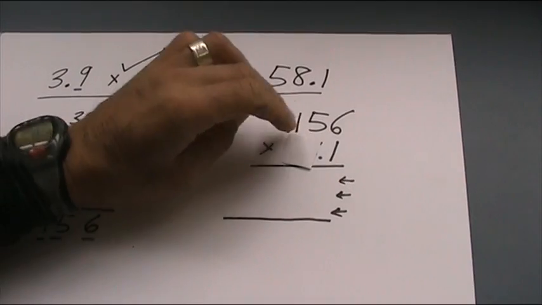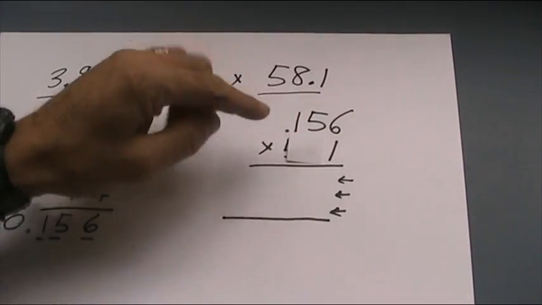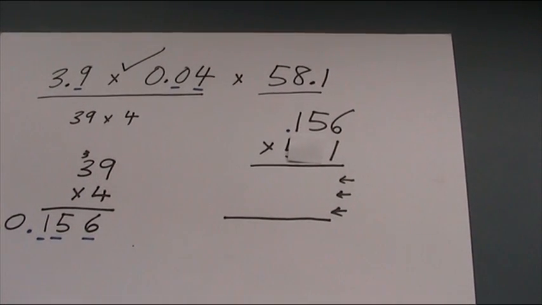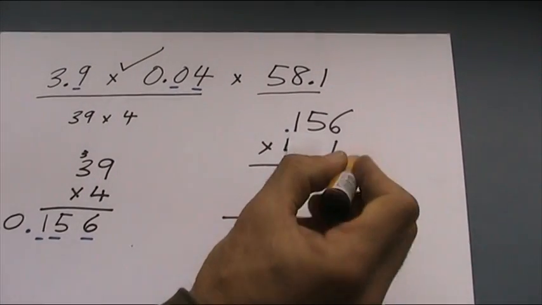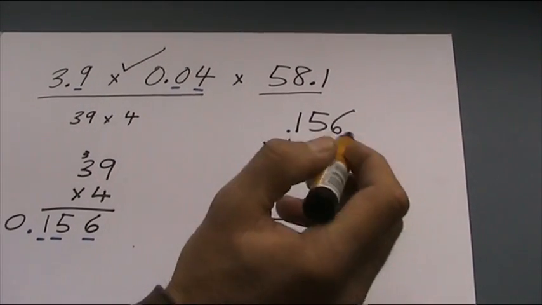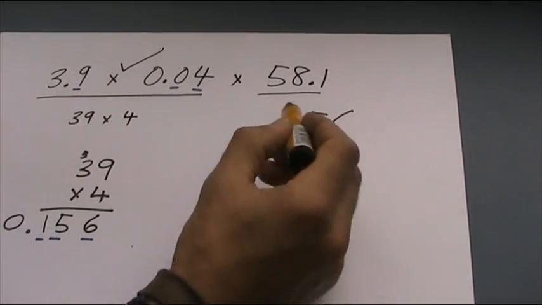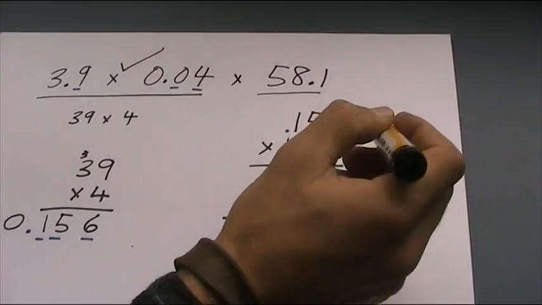The first bit is, I'm going to cover that, and it's this line here, just 1 times 156. So we do that one at a time. 1 times 6 is 6. 1 times 5 is 5. 1 times 1 is 1. Woohoo! We've done the first line.